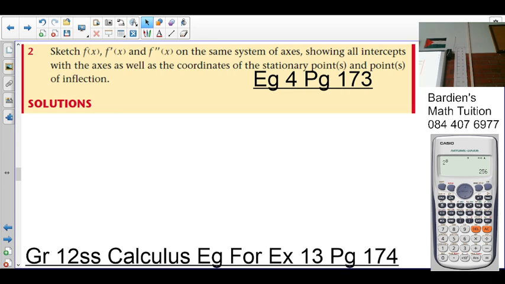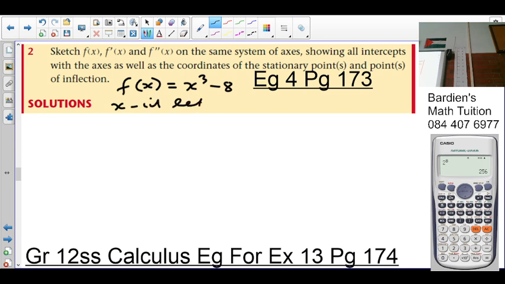So if you're going to consider from the previous question, this function was x cubed minus 8. So when we work out our f of x, our x-intercept, we let y equal to 0. So 0 is equal to x cubed minus 8, so x works out to be 2.